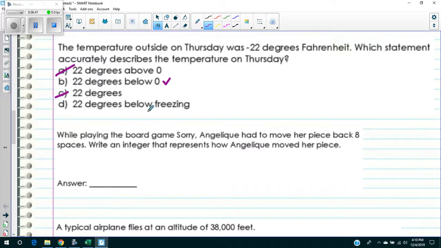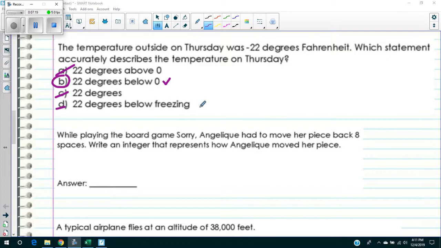22 degrees below freezing. Is that right? Nope. So it is B. I wasn't 100% sure, so I'm not proud to say this, but I had to look it up, this last part.